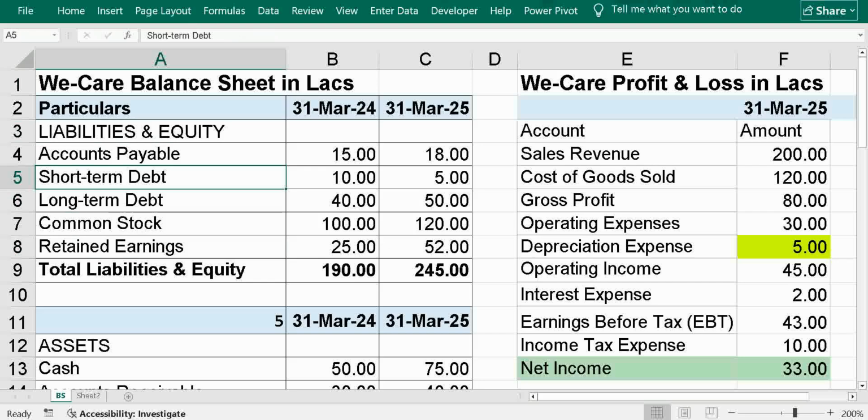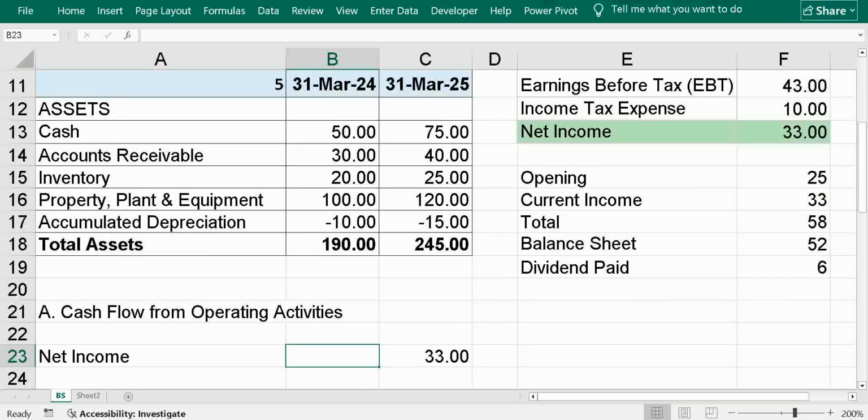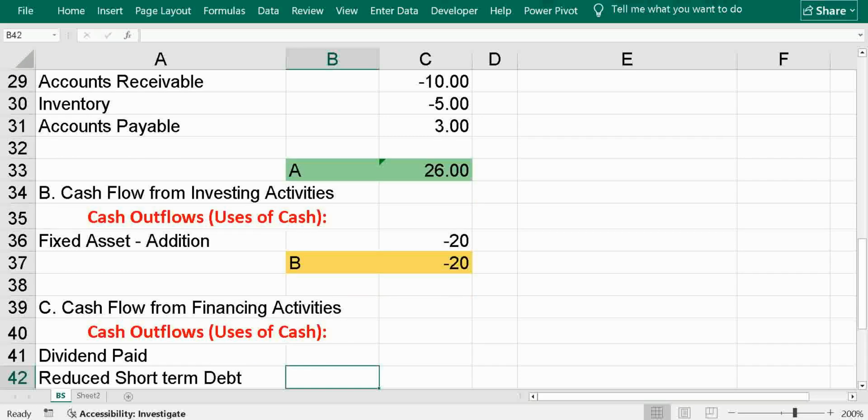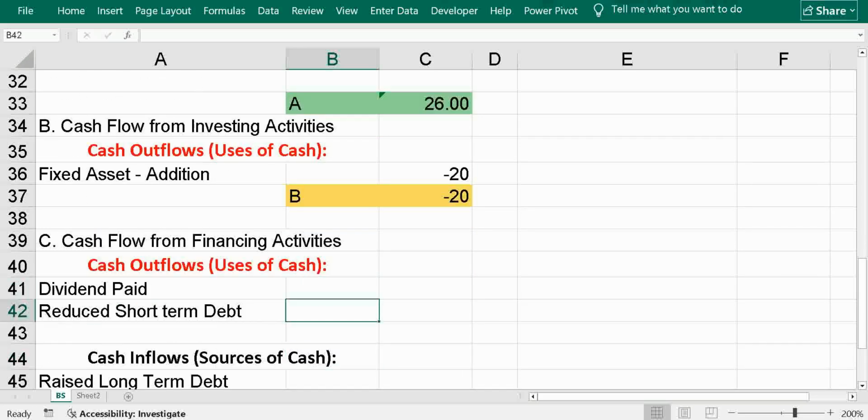Short-term debt reduced by 5. Short-term debt 5 lakh. Reduction in cash.